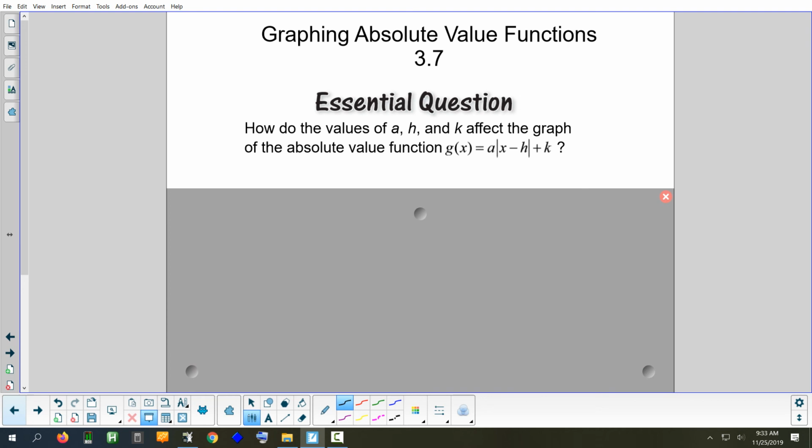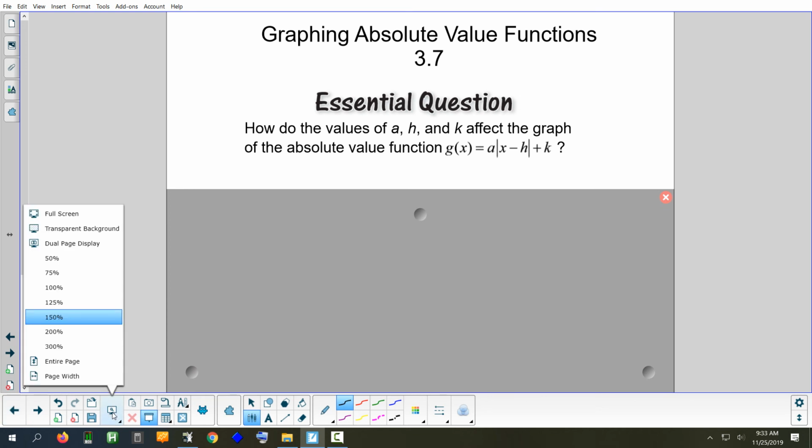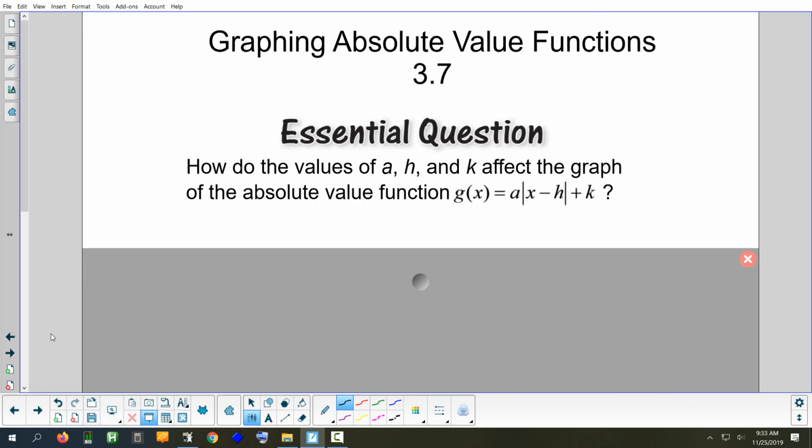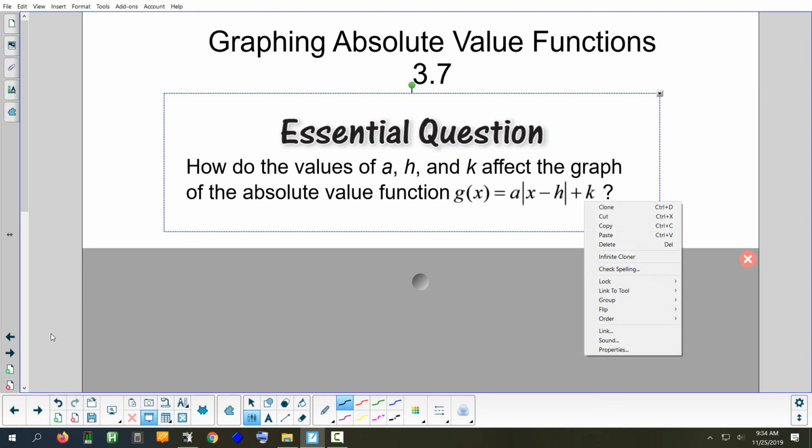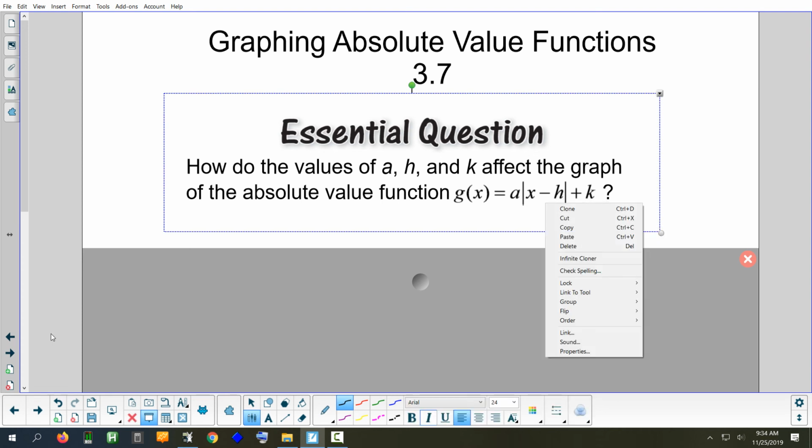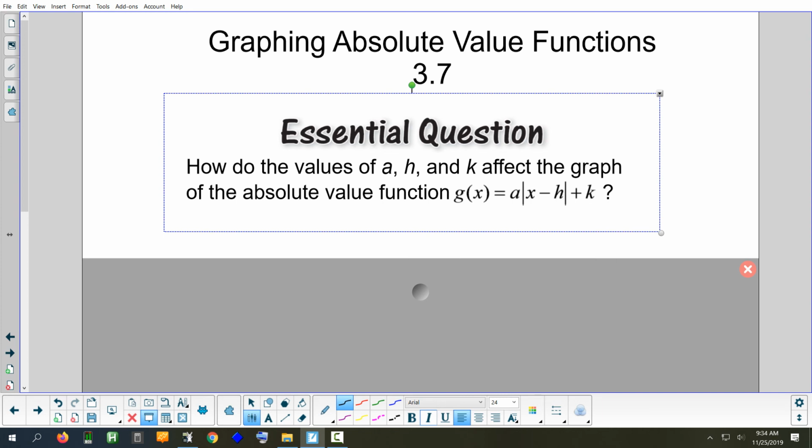So the big idea is to figure out what happens if you put a number outside, and what happens if you add or subtract a number inside. Sometimes it moves it up, sometimes down. We've got to figure out a pattern for what happens when.